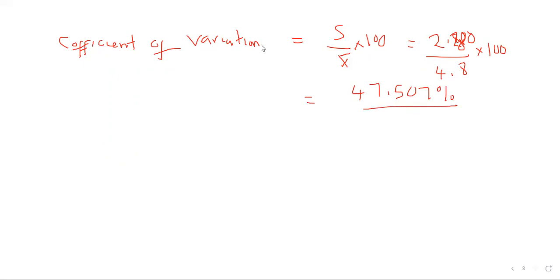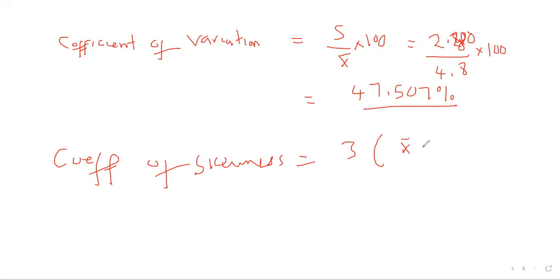Finally, find what is called the coefficient of skewness. It is given by 3 times mean minus median over standard deviation.